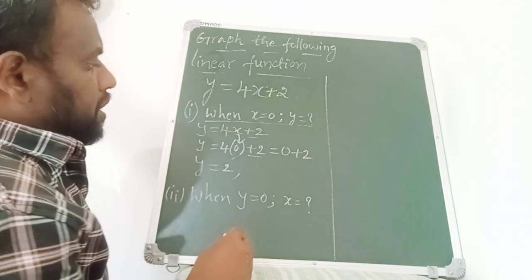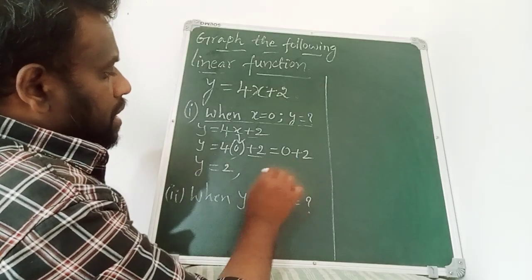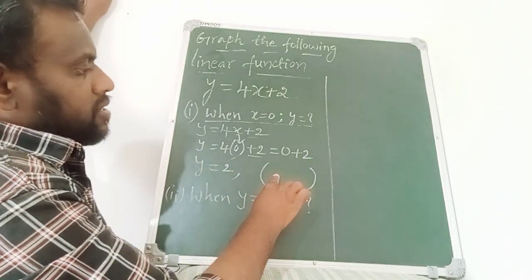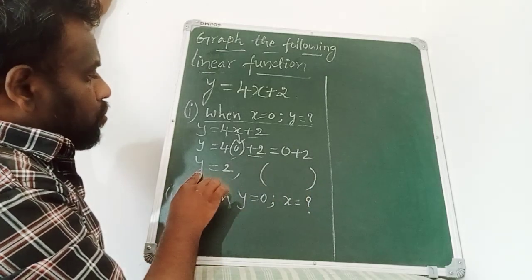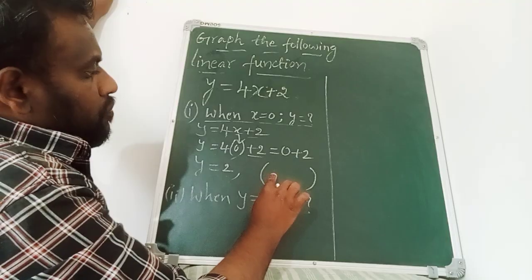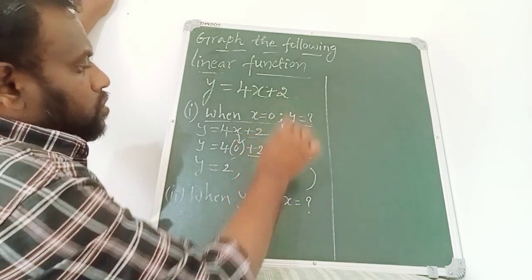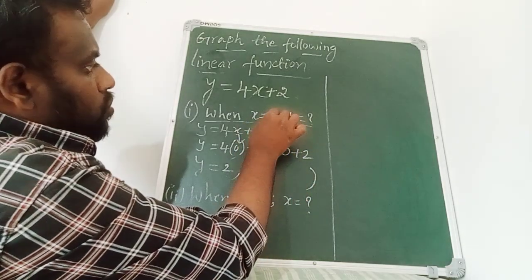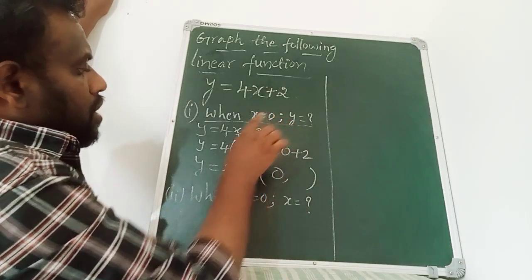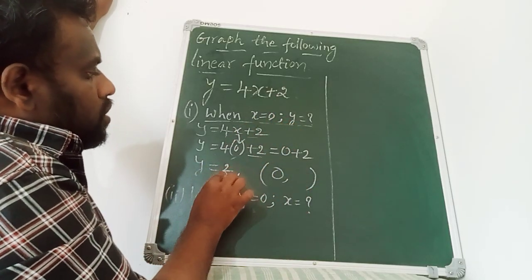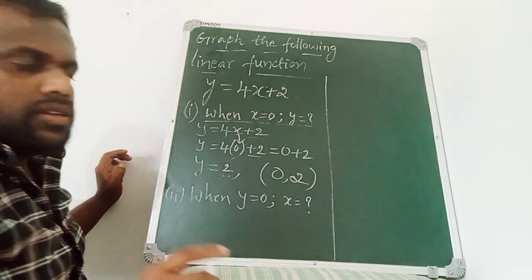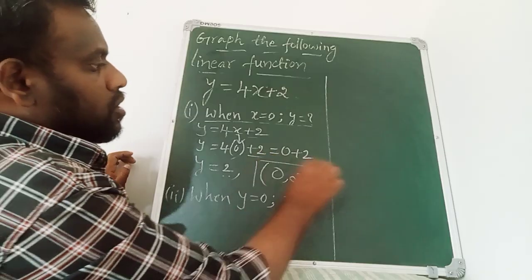Now we have to write the point. What point? See, point we have to write like this. Bracket. Here first you write x value. This x is equal to 0, so x value is 0. 0, comma. When x is equal to 0, what is the y value? Y value is this 2. This 2 you write here. So this is 1 point. We got 1 point.